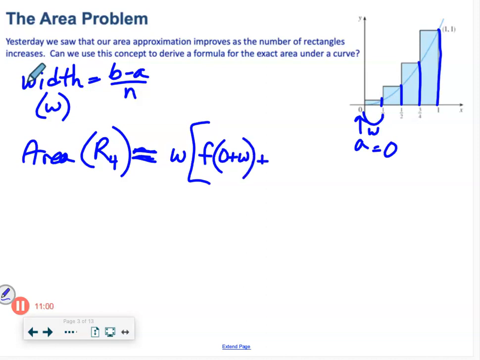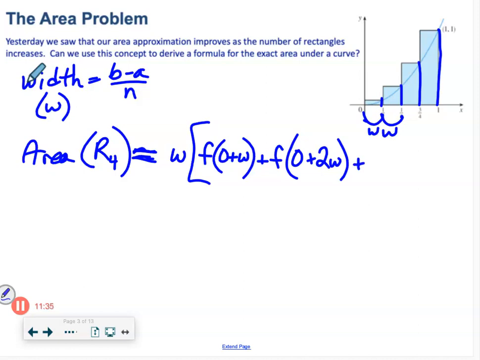And I'm plugging it into the function because I need the height. So this is like my x value that I'm plugging into the function. Then, I'm going to run out of space, so I'm going to do this. To get the next number to plug into my function, I'm going to start at the left endpoint and travel 2 widths. So now I'm plugging left endpoint plus 2 widths into my function.